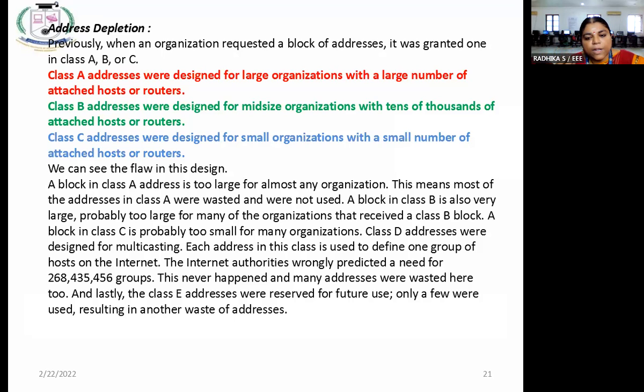And finally, class E is reserved for future use. As it is not free, it is said to be reserved, so again there is going to be a lot of waste in the addressing. So altogether, we found that classful addressing resulted in address depletion, and this is the flaw with this method.